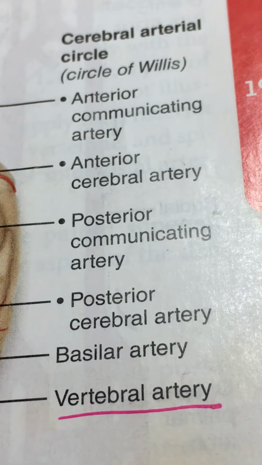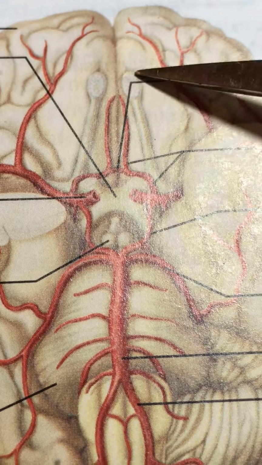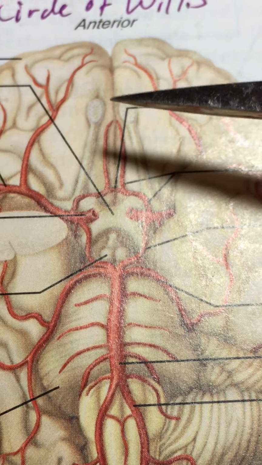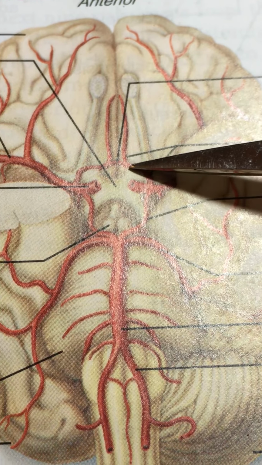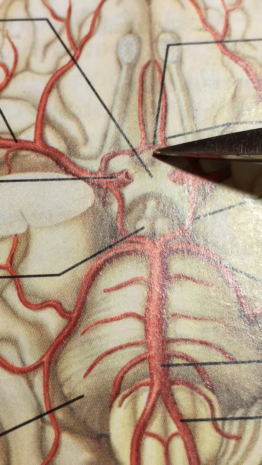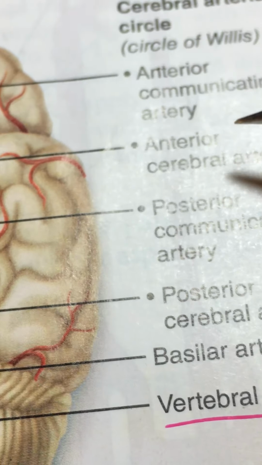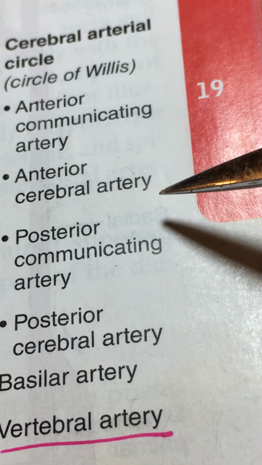Okay, anterior cerebral. Notice that the two anterior cerebrals are going in between the hemispheres right there, and that we have a crossover, a linking little artery here between the two anteriors called the anterior communicating.